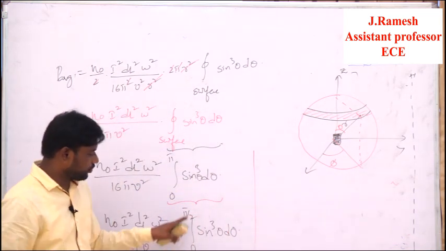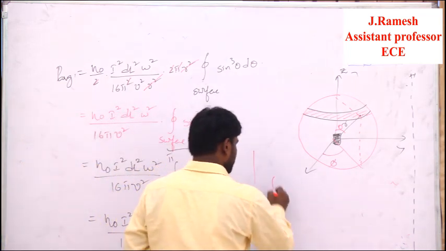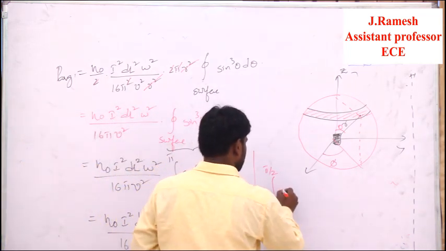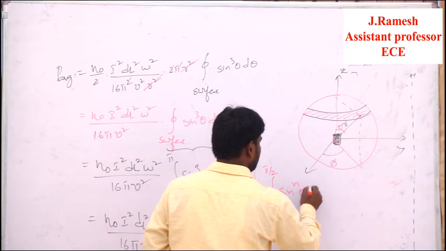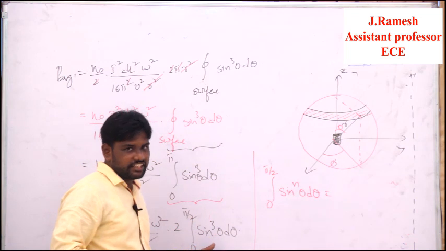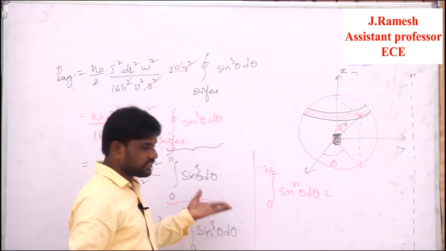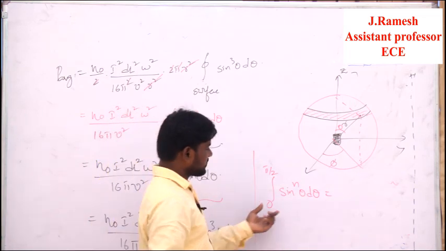The integral from 0 to π/2 of sin³θ dθ. We have the formula for the integral of sinⁿθ dθ from 0 to π/2. Otherwise you can simply calculate by using the sin 3θ formula also, by just substituting that you can get your answer, but the complexity is more. So instead of that, just take the formula.